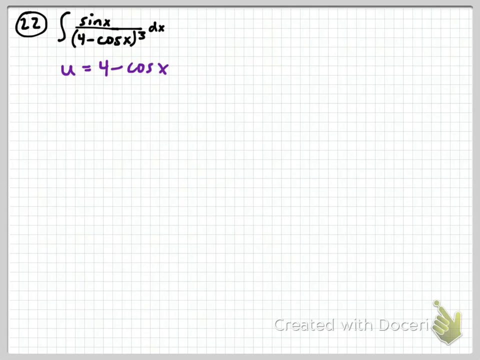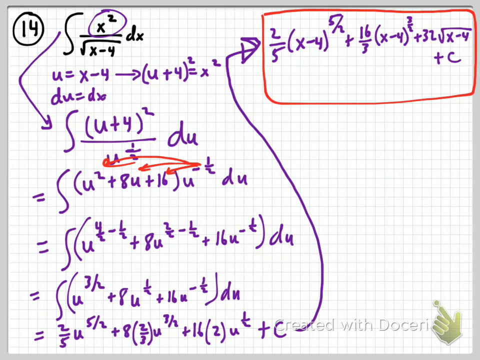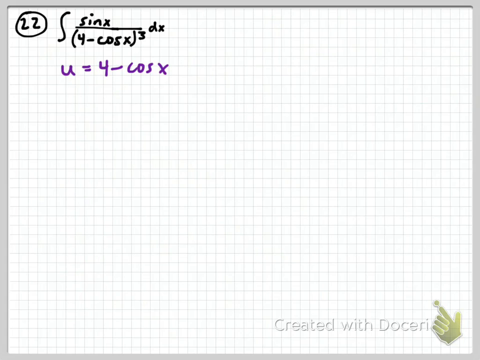What I said in the last problem was, look, let u equal the part of this integrand that's either under a square root or being raised to a power, like a fractional power, or like in problem 22 here, we can see the power of 3, so we let what's inside be what u is equal to.